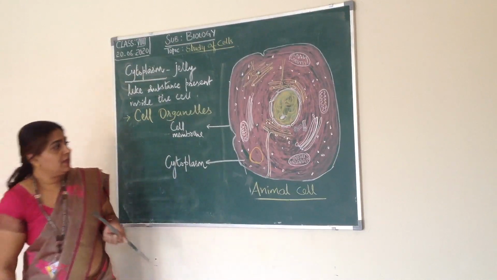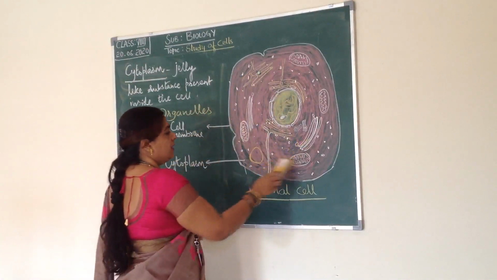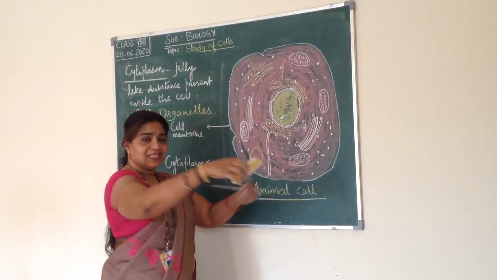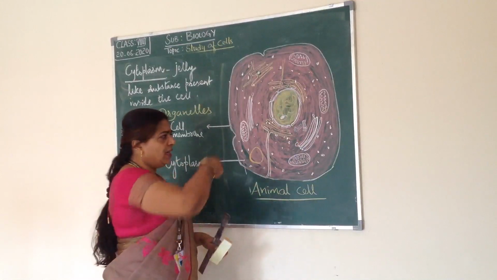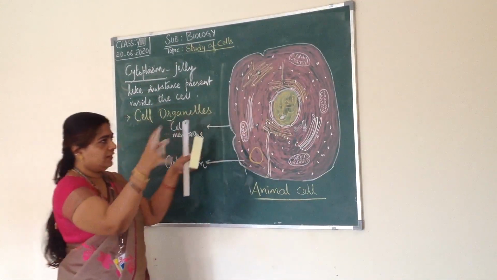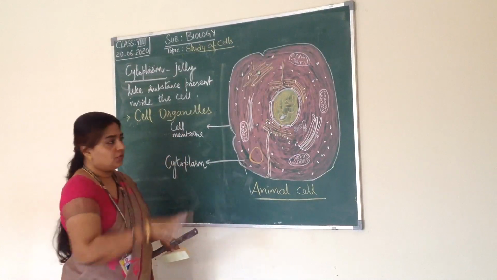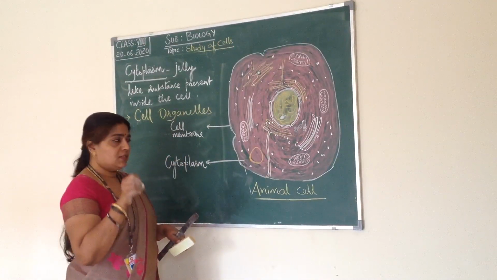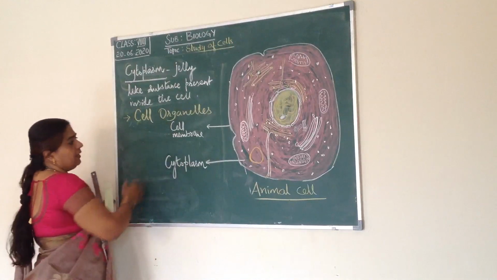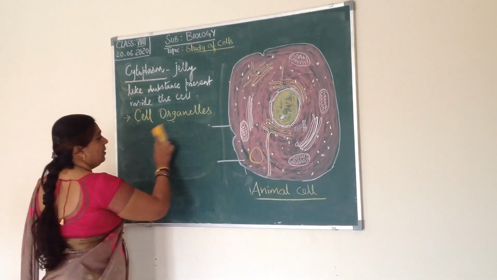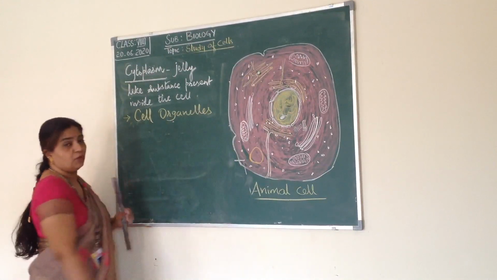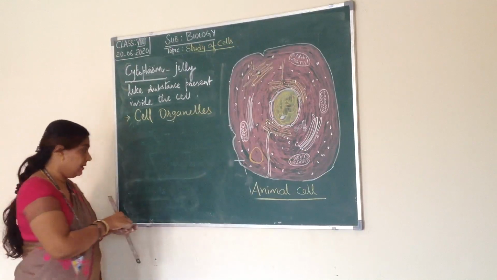In the cytoplasm, we can see some structures scattered. It's not organized; they are spread all over the cytoplasm. So these structures are called cell organelles. Let us define what cell organelles are.